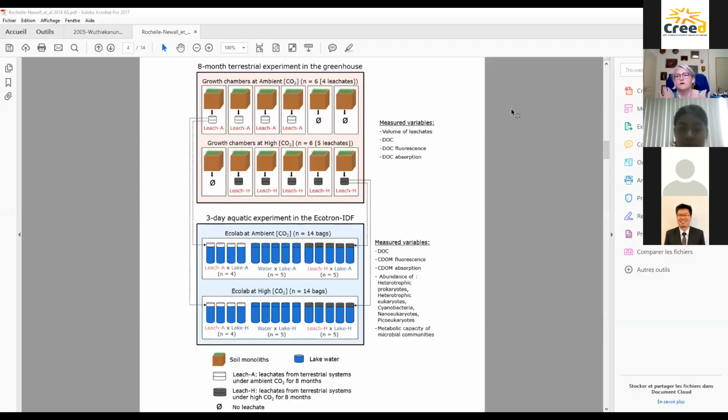Okay. Now, in the first article, we had a text-based description of the methods. In some cases, you can complement that text with a graphical image of what you did.